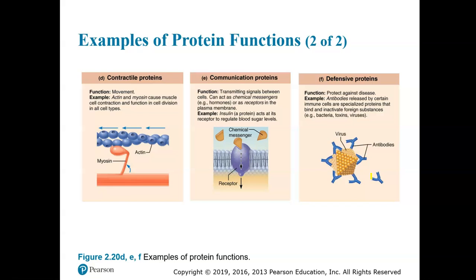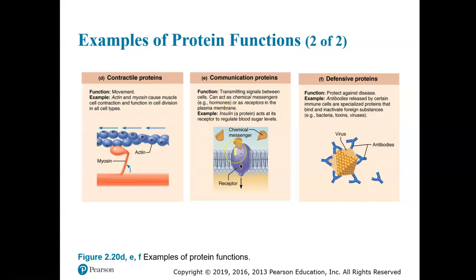Then we have contractile proteins like actin and myosin, which the myosin will attach to the actin and pull on it to cause muscle contraction. We have proteins that function as chemical messengers, such as there are certain hormones that are proteins. Some hormones are steroids, but some hormones are proteins.